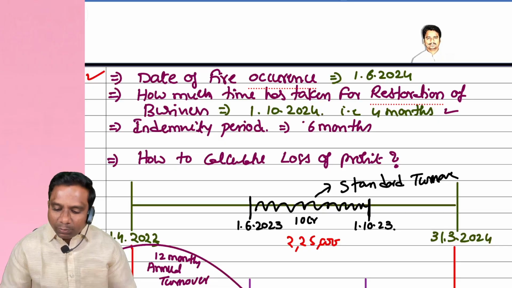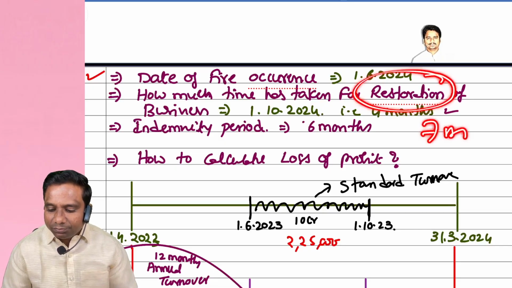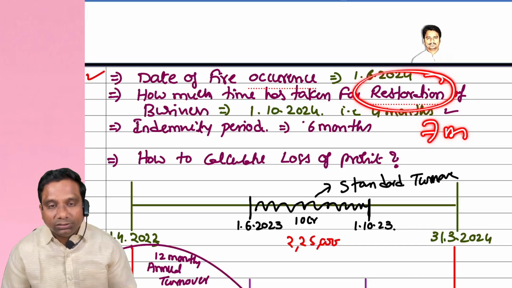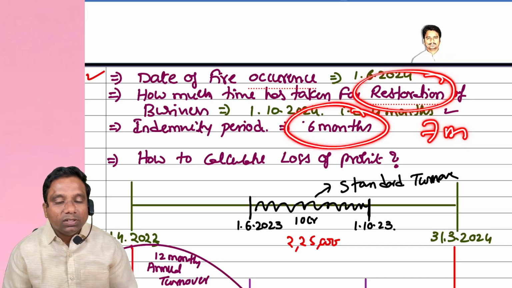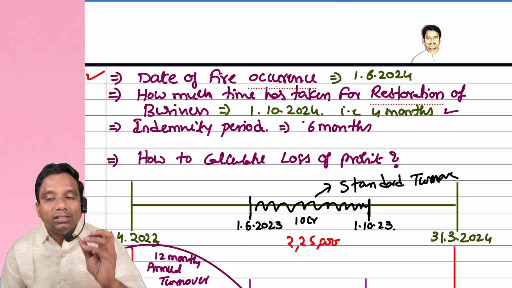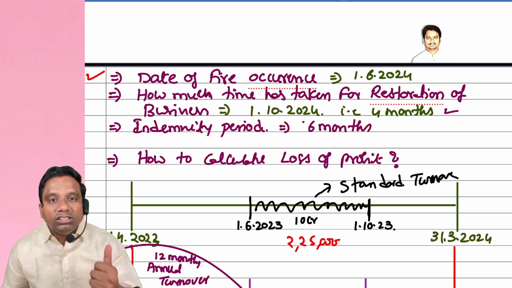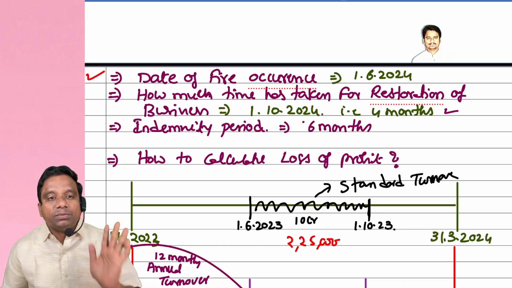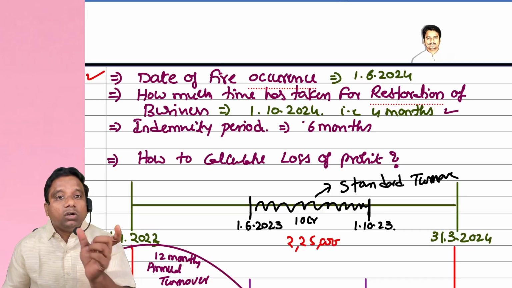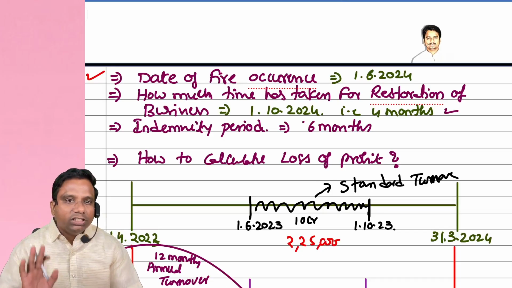Suppose the restoration period is 7 months, but the indemnity period is only 6 months. Now the insurance company will accept loss of profit only for 6 months, not for 7 months, because you have taken the policy for 6 months. This is called indemnity period. Is this logic clear, students?